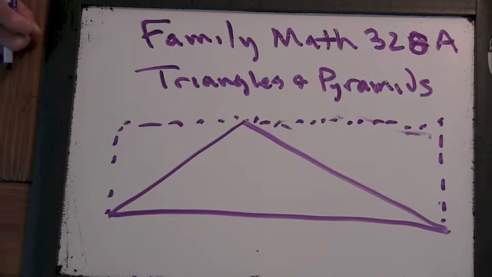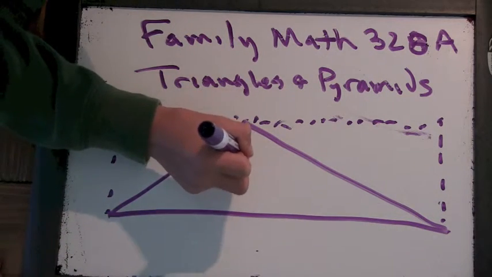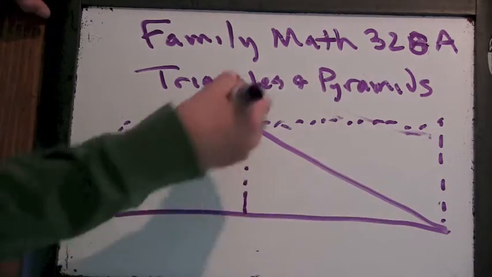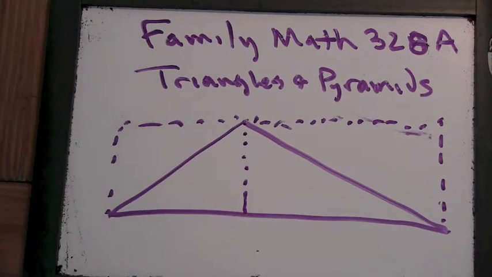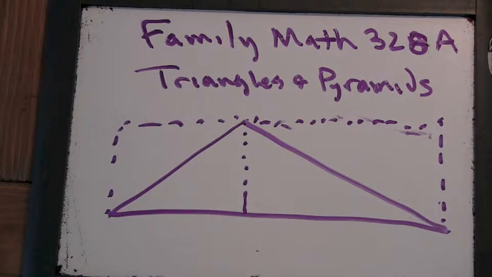Well, I think I can see why. I think if you make a line down the middle like this, you get 2 separate rectangles, and 2 right triangles. Ah. So you can make any triangle into 2 right triangles. Interesting.